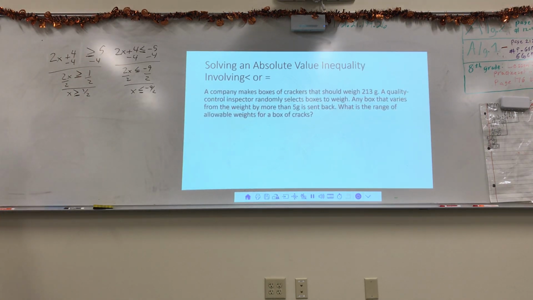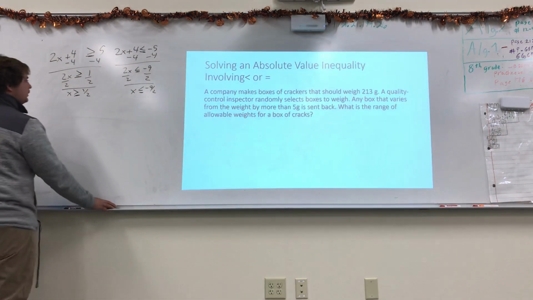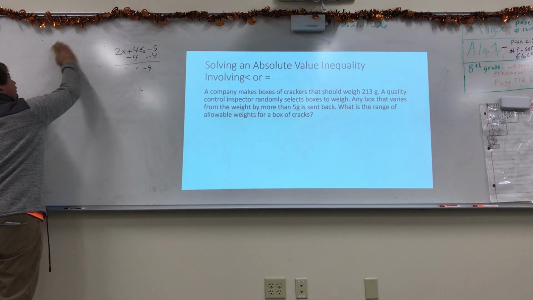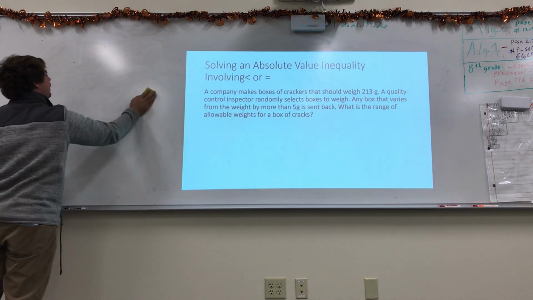A company makes boxes of crackers that should weigh 213 grams. A quality control inspector randomly selects boxes. Any box that varies from the weight by more than 5 grams is sent back. What is the range of allowed weights for a box of crackers? So we can be negative 5, right? We can be 5 below, right?